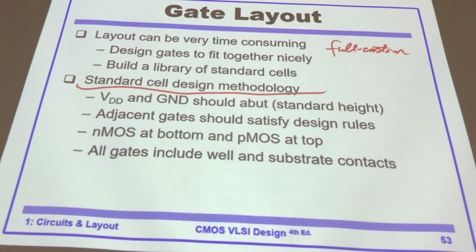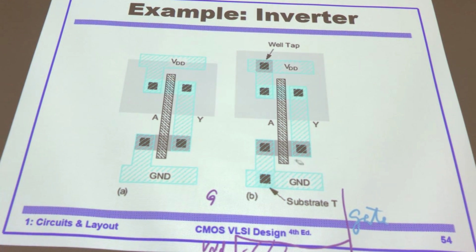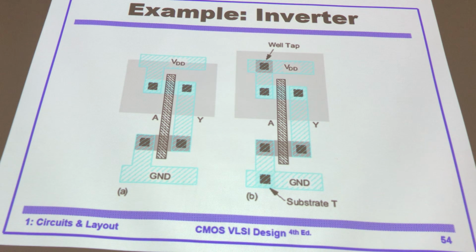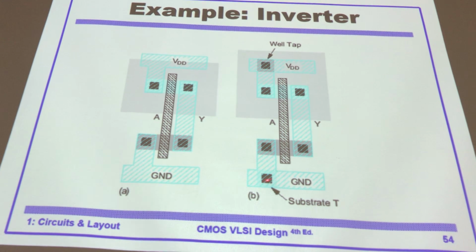Okay, any question? So that is the layout for the inverter. The left part is the inverter without the substrate tag and well tag. If you include the well tag and substrate tag, then there's a contact here.